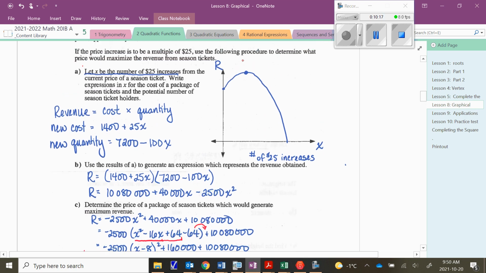This point here is 8 and 10,240,000. And so understanding the meaning behind it is when x is 8, meaning there are 8 $25 increases, we maximize our revenue at 10,240,000.